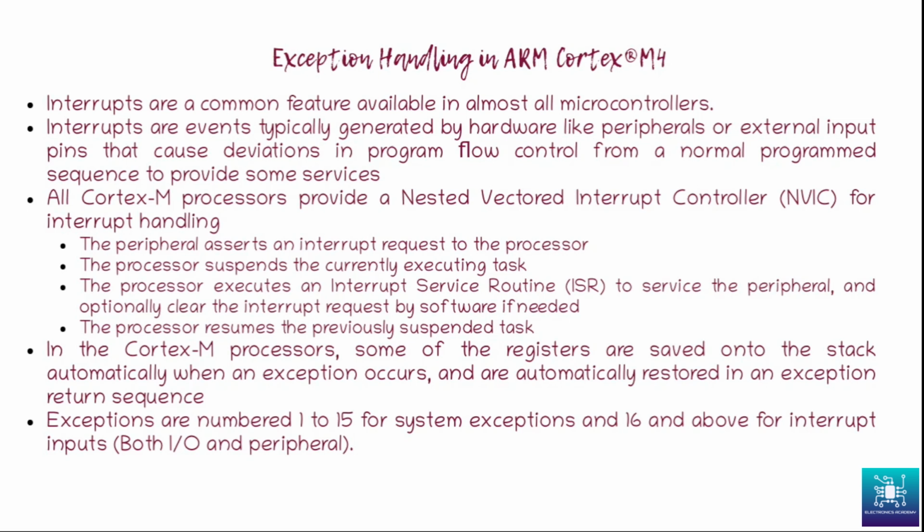But then again, when you name the exceptions as interrupts, that is 1 to 15 could be called exceptions, and then 16 is an exception. But when you start calling that 16th exception an interrupt, the number becomes 0. That is, the numbering convention becomes 0.